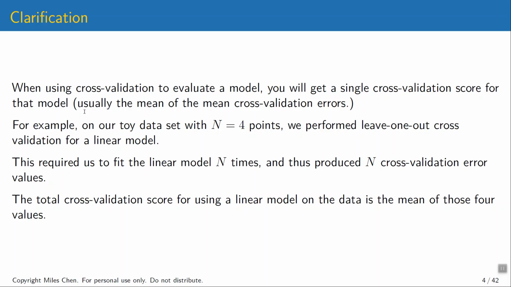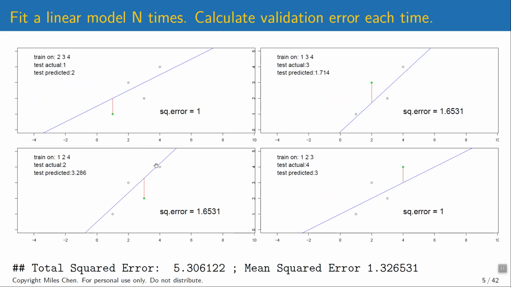You fit the same model n different times, and each time you measure the error, but you get one cross-validation score for that type of model. So in our toy data set, we fit the linear model n times, 4 times, and we had n different cross-validation error values, and the total cross-validation score would be the mean of those 4 values.